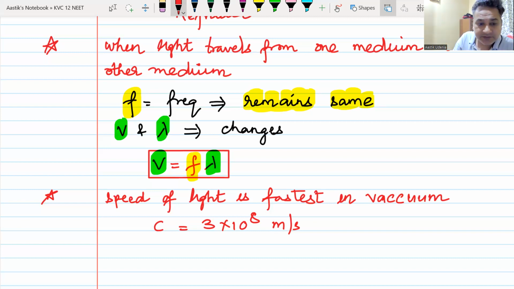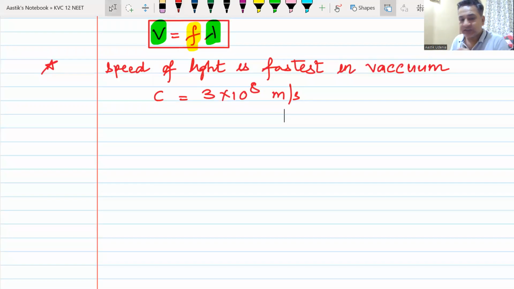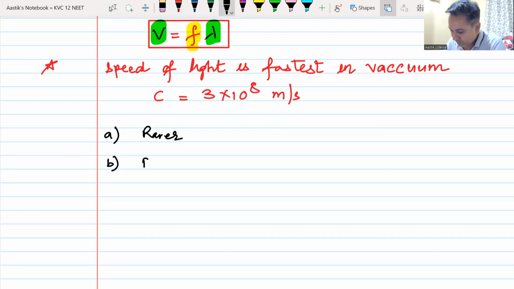Now, here come the two terms that we must understand. Number one, a rarer medium, and B, a denser medium. What do you mean by a rarer medium and what do you mean by a denser medium?